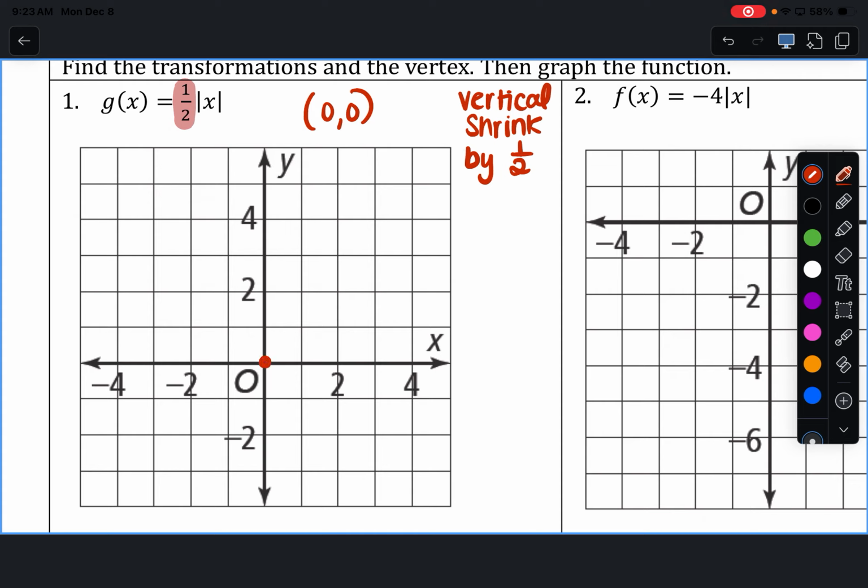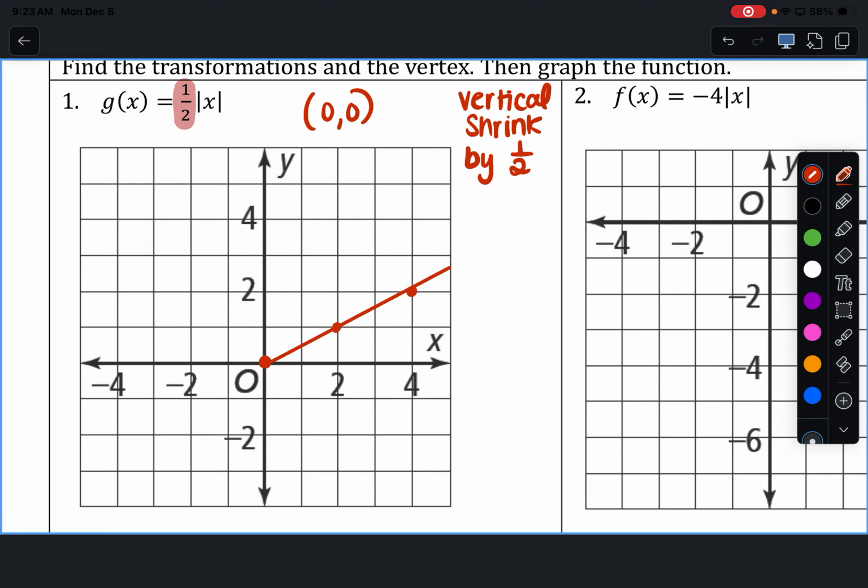But a vertical shrink does affect the sides of the V, right? Because an absolute value is in the shape of a V. The vertical shrink affects the slopes of those sides. So whatever our A is, that is our slope. So we go up 1 over 2, up 1 over 2.